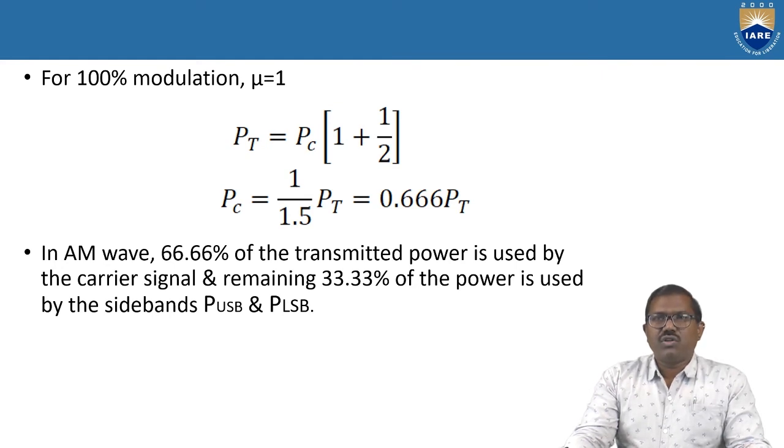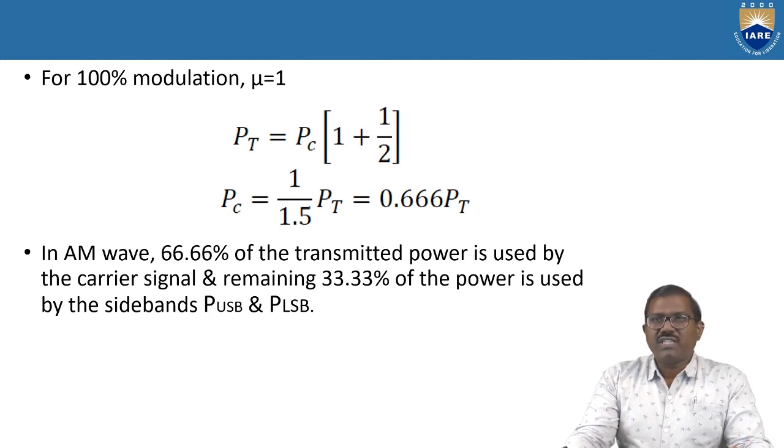So in an AM wave, 66% of the transmit power is used by the carrier and the remaining 33% of the power is used by the sidebands, upper sideband and lower sideband.